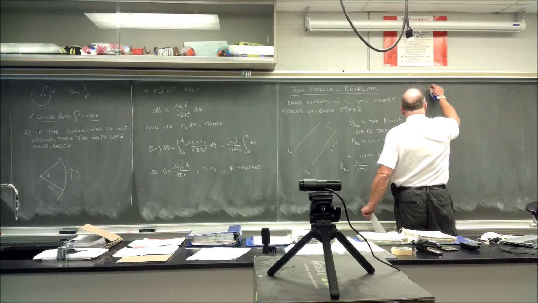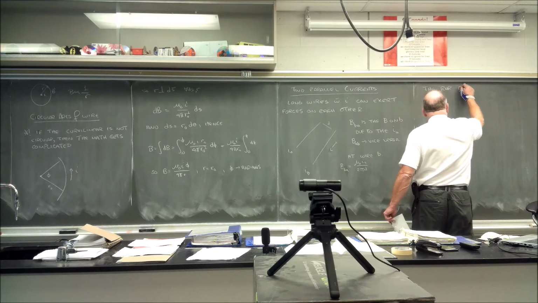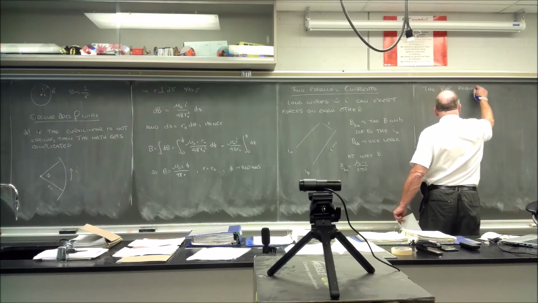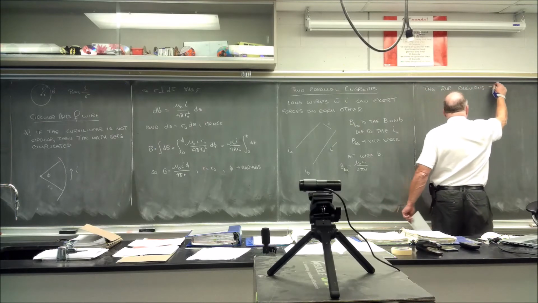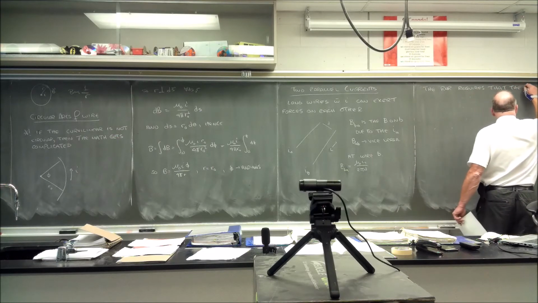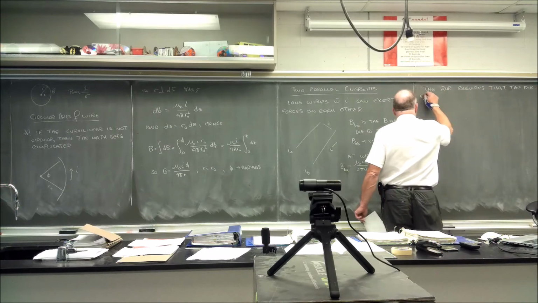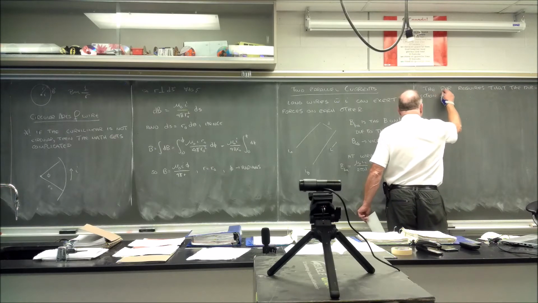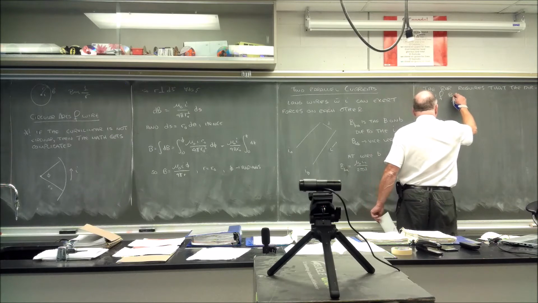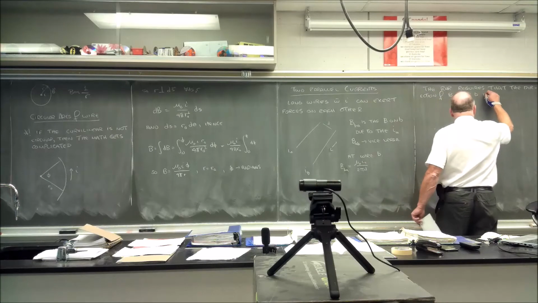So the right-hand rule requires that the direction of BA at B is down.